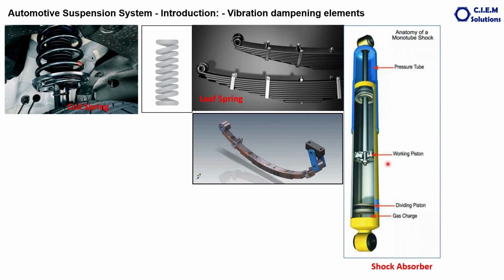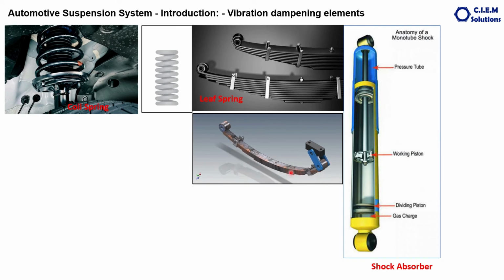These components absorb the shocks and simultaneously transmit some vibration to the chassis. Such vibrations or shocks generated through these springs will be absorbed by the shock absorber. The functioning of all three components will be explained in separate videos.